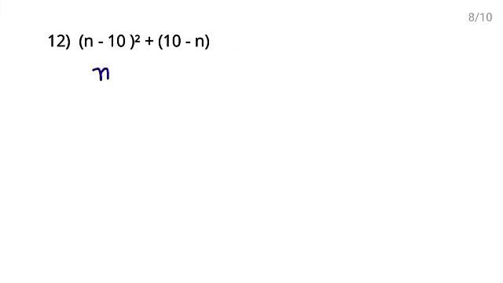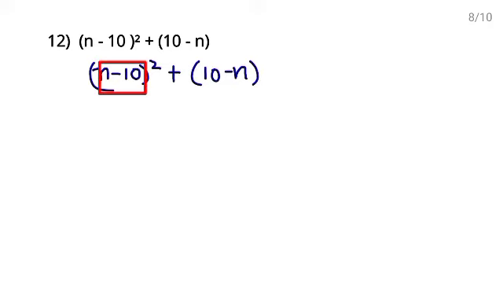Next, (n minus 10) raised to the power 2 plus (10 minus n), right? This is n minus 10 and this is 10 minus n. So what we will do, we will take minus 1 common, right?